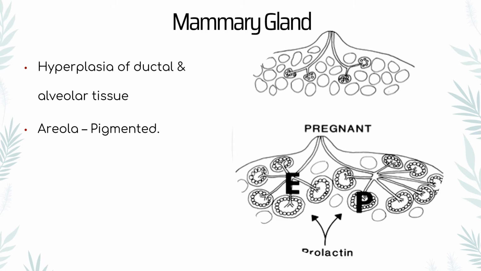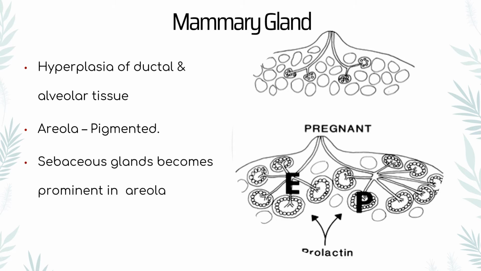The nipple also becomes larger and pigmented. So the estrogen plays on the ducts, and the progesterone plays on the alveolar tissue. The estrogen and the progesterone act under the influence of the prolactin.